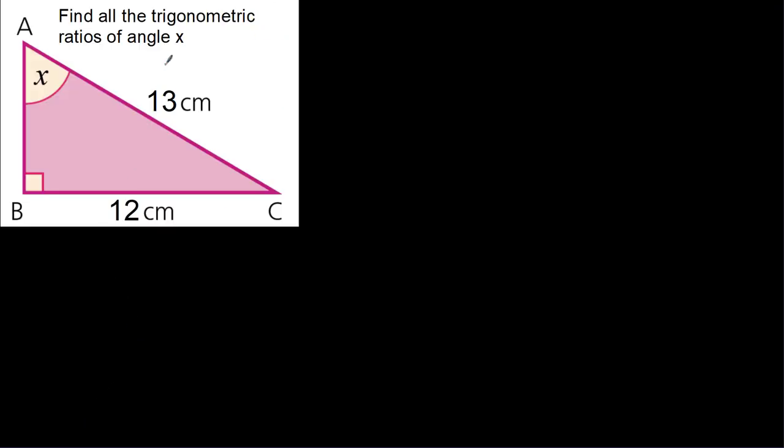Okay, here in this question one side is not given, so I'm going to find the third side by using the Pythagorean theorem. If I say this is equal to a, then a squared plus 12 squared should be equal to 13 squared. This is the Pythagorean theorem, you know.